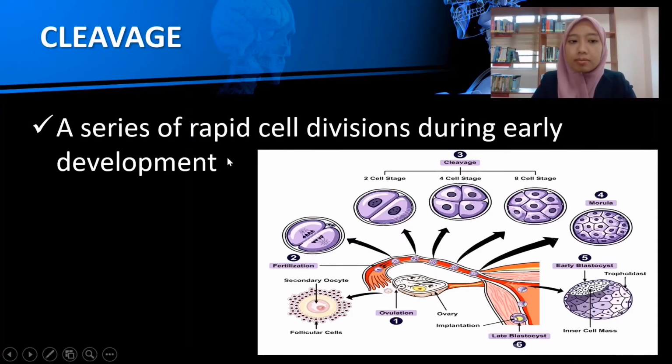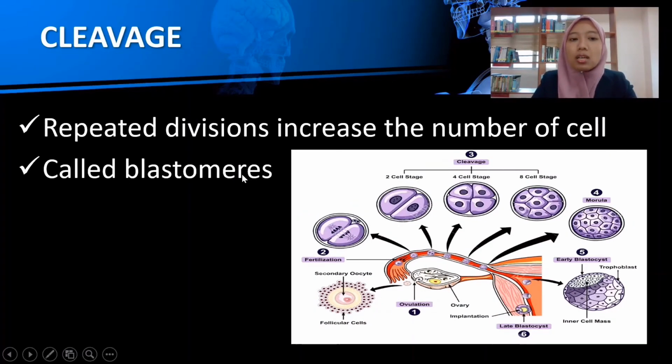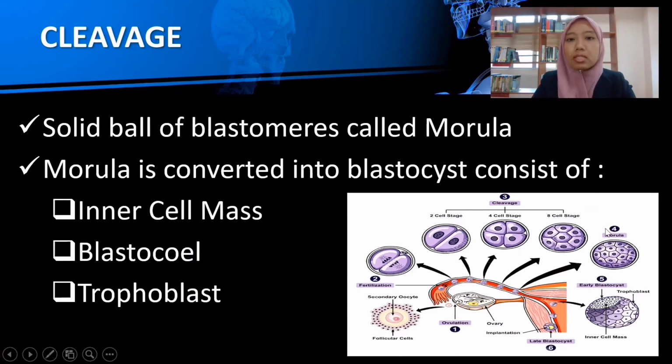In cleavage, a series of rapid cell divisions occur during early development. The repeated division increases the number of cells of zygote until they are called blastomeres. A solid ball of blastomeres is now called morula.